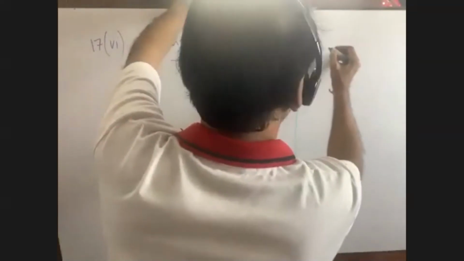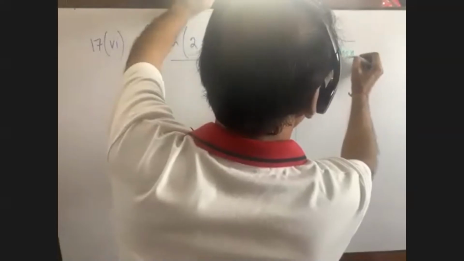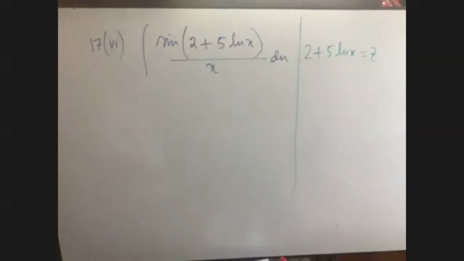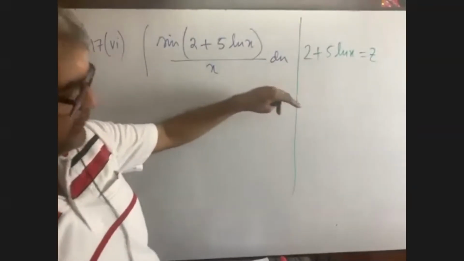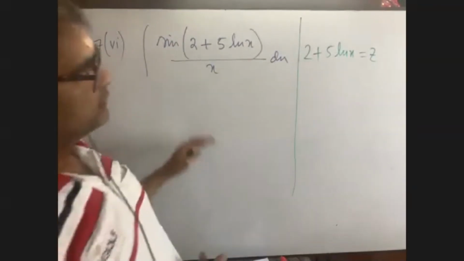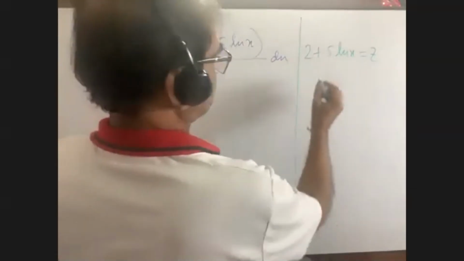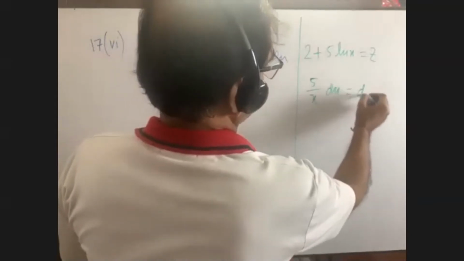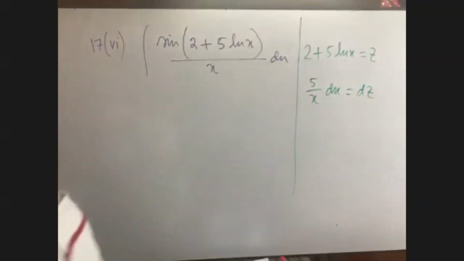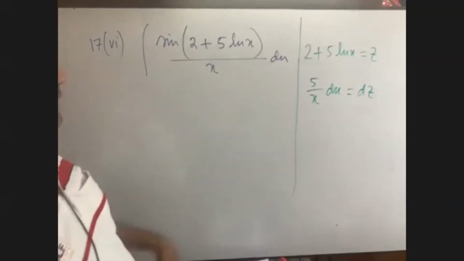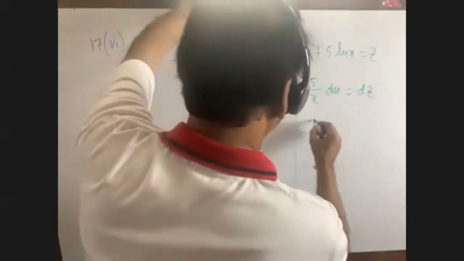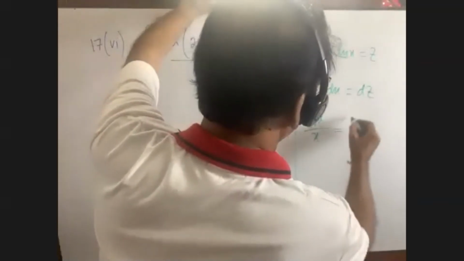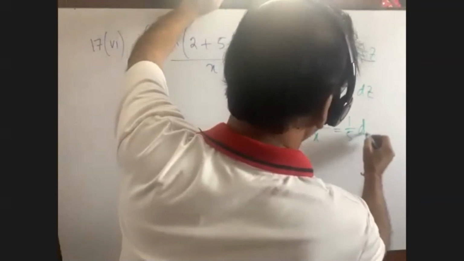2 plus 5 ln x equals z. And we know the derivative of 2 is 0. So we are getting 1 by x for ln x, that is 5 by x dx equals dz, right? Now we get dx by x equals 1 by 5 dz.